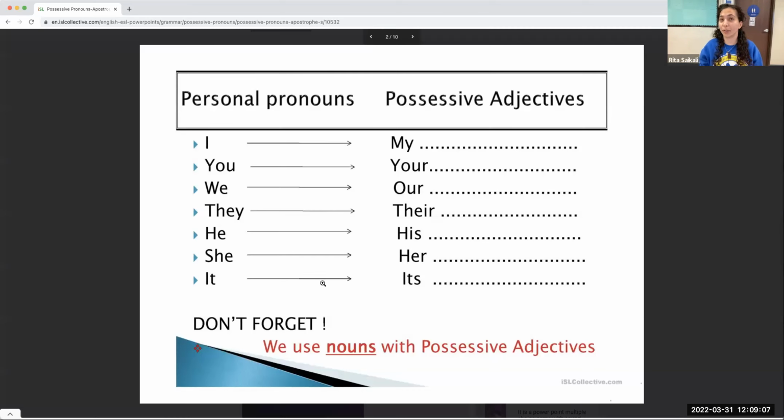So the "your" is showing us that this car belongs to you, right? And it's describing it, okay? So we use possessive adjectives with nouns. Any questions on that? Okay, and to review, nouns are names of people, of places, and of things, okay?